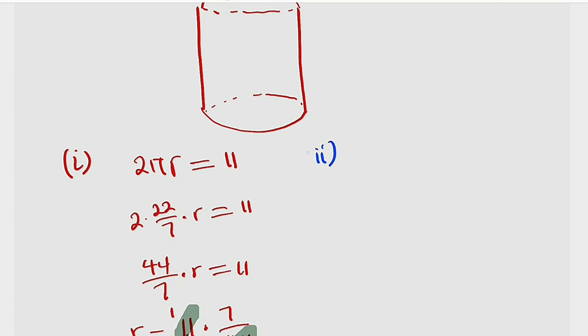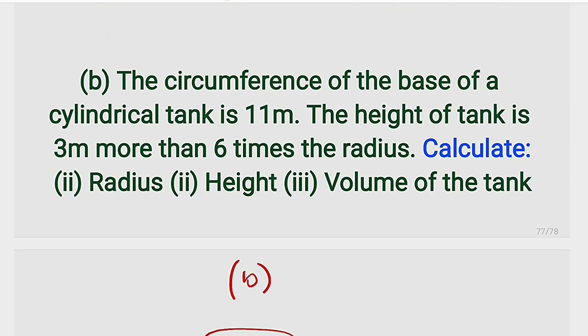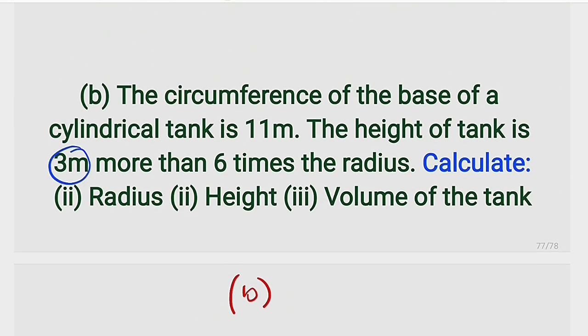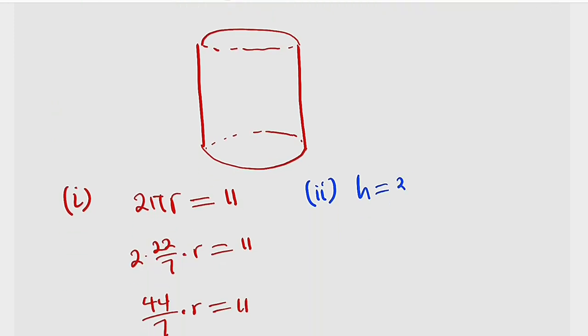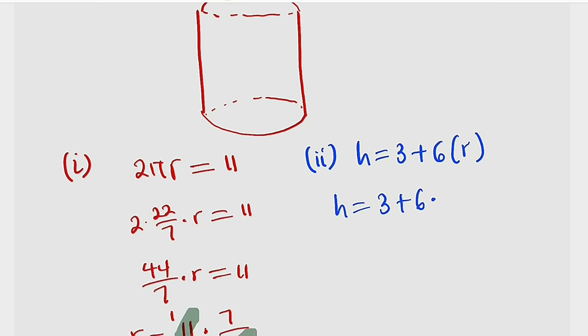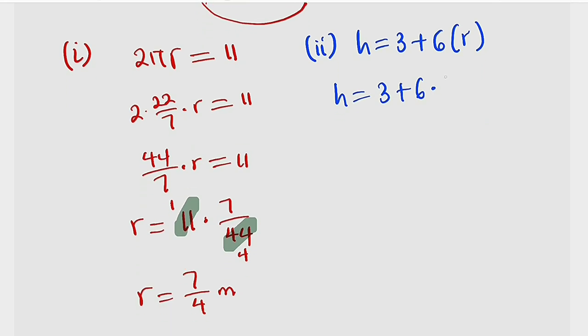Roman number 2, we are looking for the height. But they say that the height of this cylinder is 3 more than 6 times the radius. So it is equal to 3 more than 6 times the radius. Therefore, h is equal to 3 plus 6 multiplied by the radius, and the radius is 7 divided by 4.